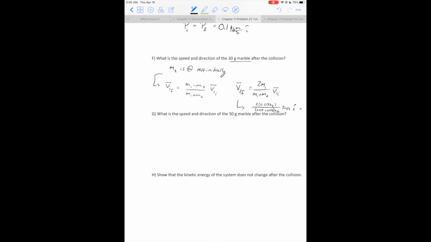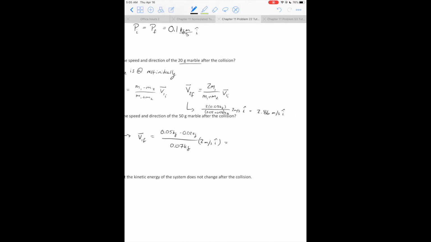What about the speed and direction of the 50-gram marble? So we're going to use this V1F expression. V1F is going to be equal to 0.05 kilograms minus 0.02 kilograms over 0.07 kilograms. That's our sum. Why not just plug that in? 2 meters per second in the I-hat direction.